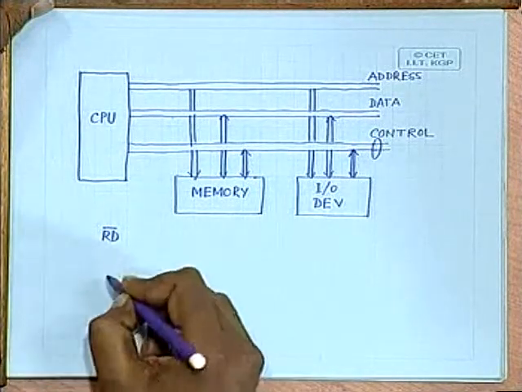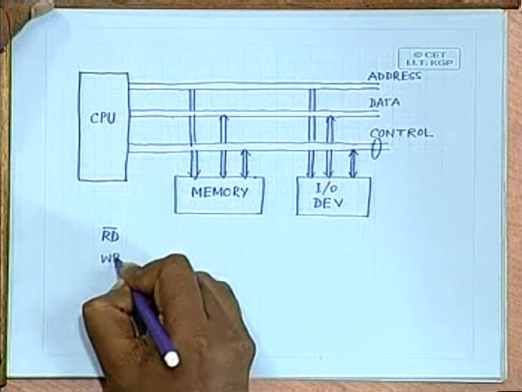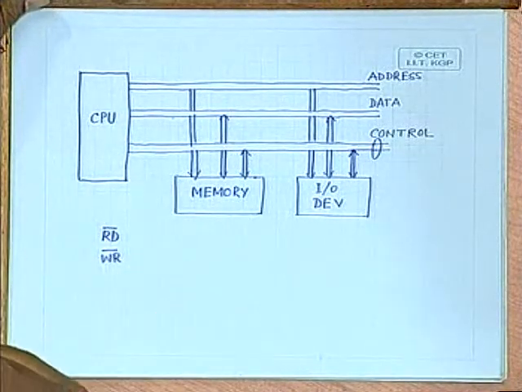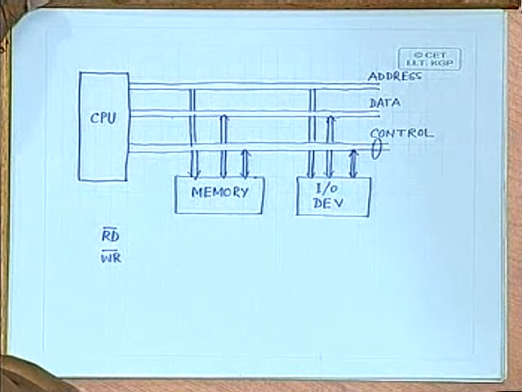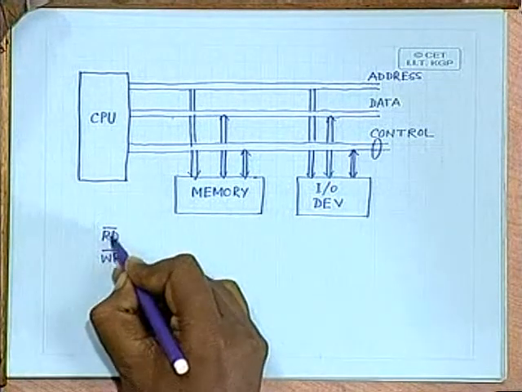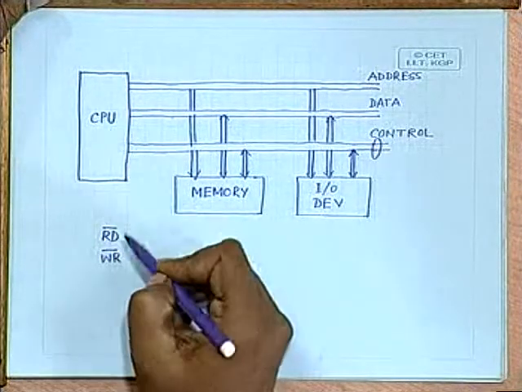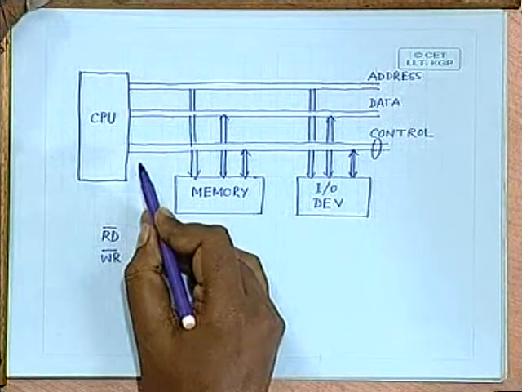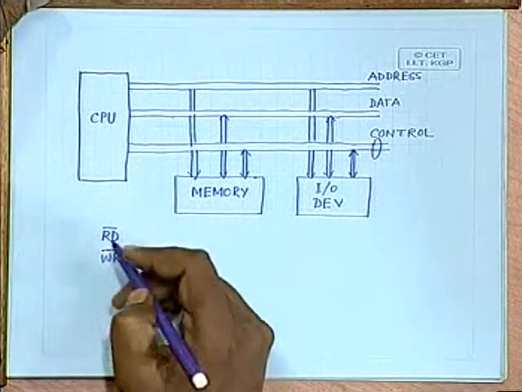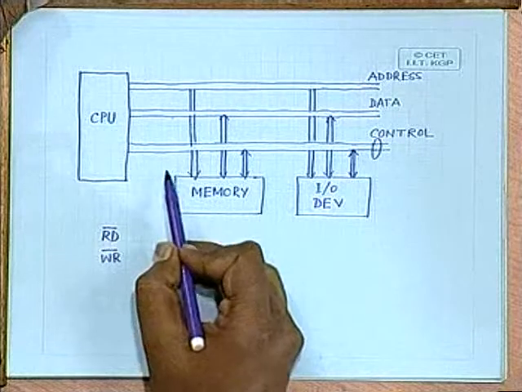For write operation, the control signal generated is the write control signal. Again, it is given as negative logic, that is write bar. So, if the read line is low, that is, the read control signal generated by the CPU is low, in that case the CPU wants to perform a read operation. If the write bar line is low, in that case the CPU performs a write operation.